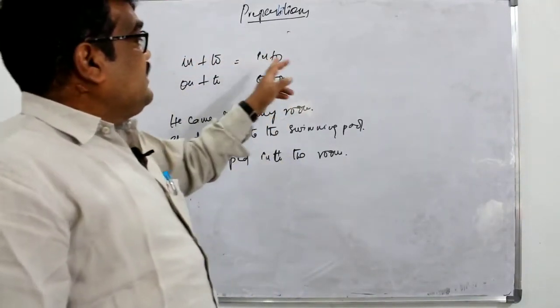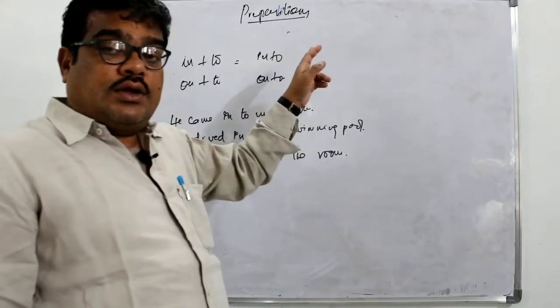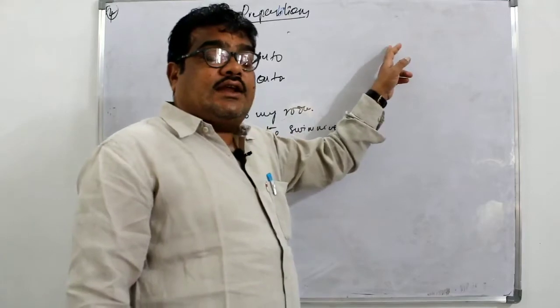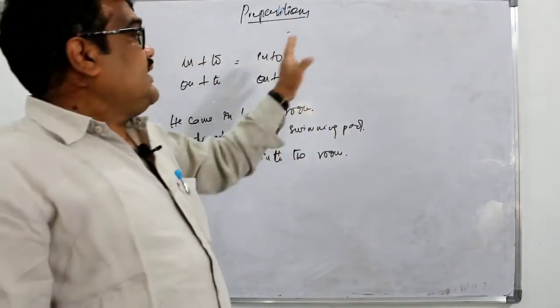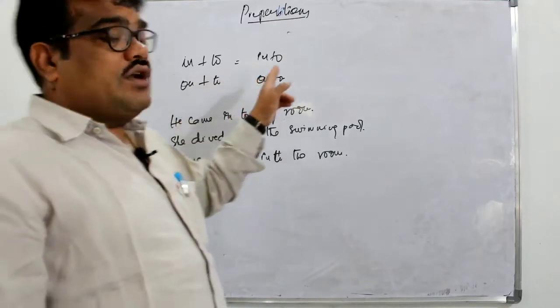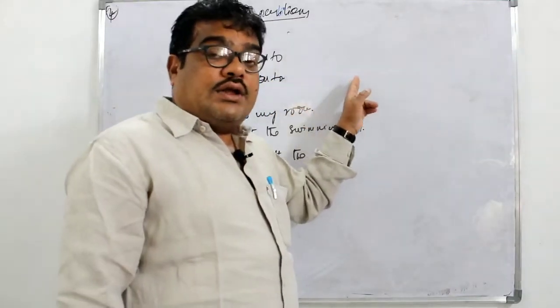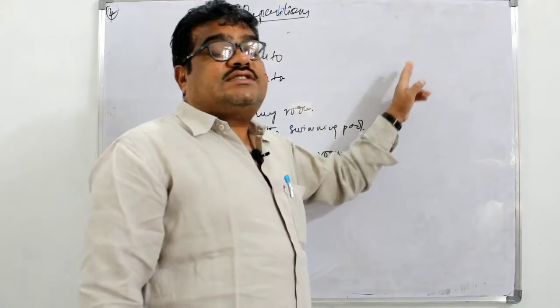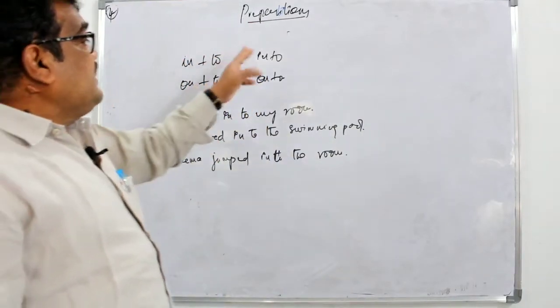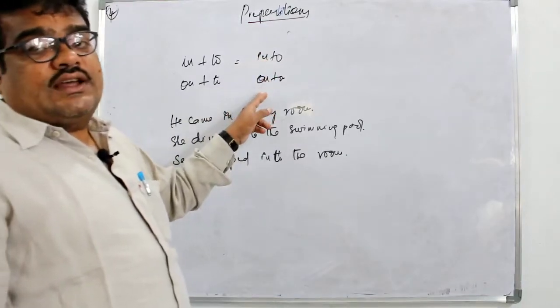Into signifies motion, movement towards the interior of something. Onto signifies the movement on the surface. It is interior, it is on the surface.